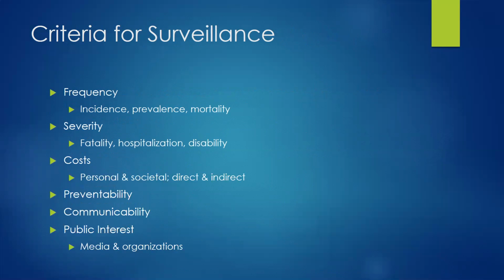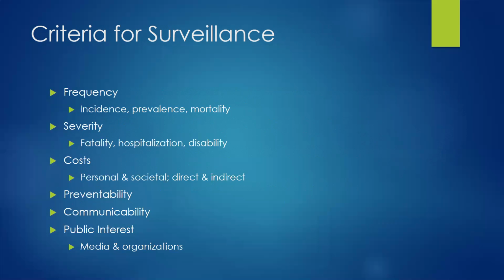So usually when we're thinking about whether we should establish a new surveillance system, we think about these factors: frequency, so this is those basic measures of the burden of disease we talked about in Module 1, incidence and prevalence, and also potentially mortality. We think about how severe the disease or condition is, so is it causing people to die? Is it causing hospitalizations or disability?